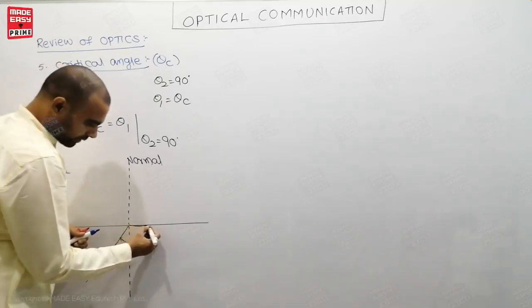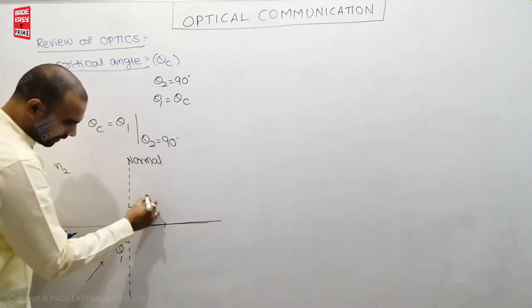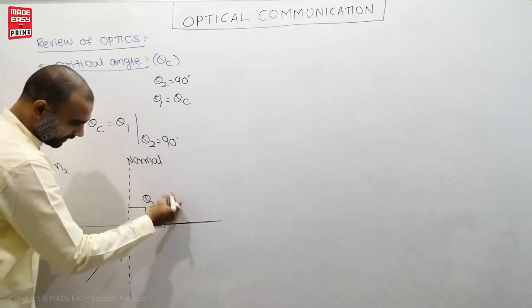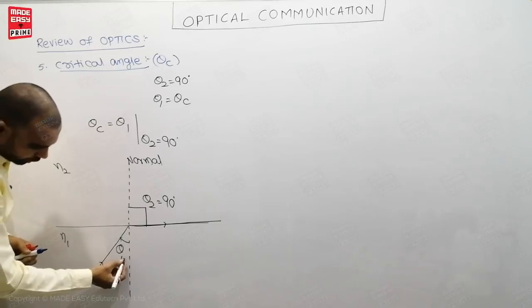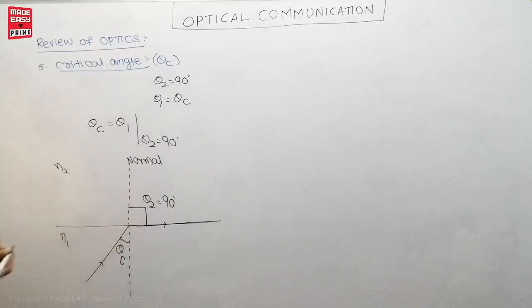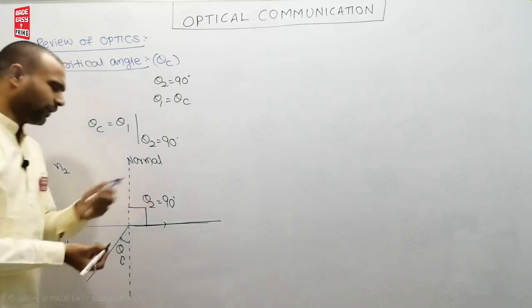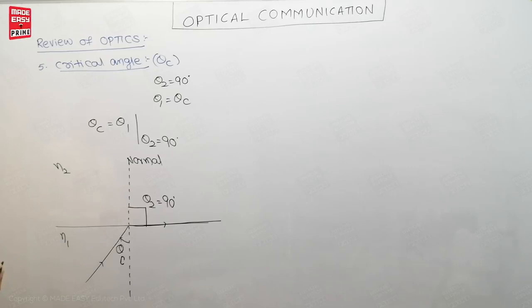If your angle of refraction, theta 2, is equal to 90 degrees, then this theta 1 is equal to theta c. That is 90 degrees or greater.